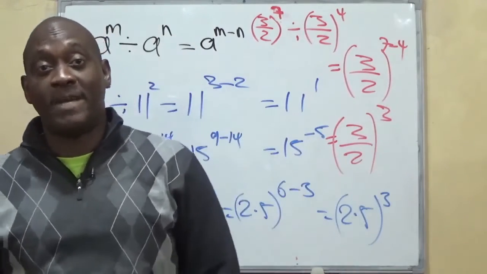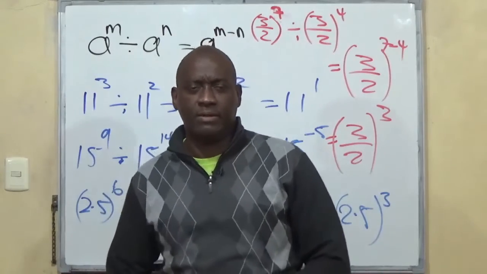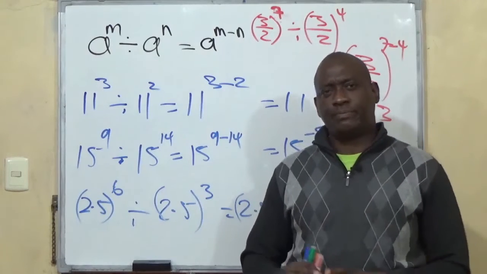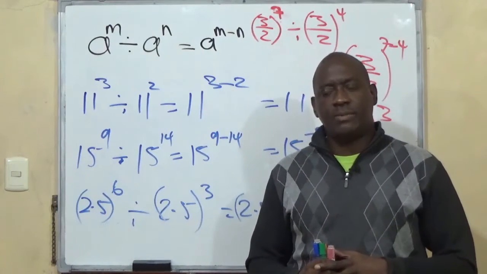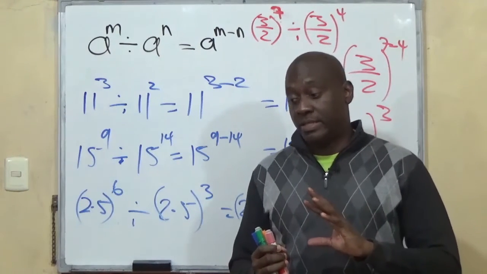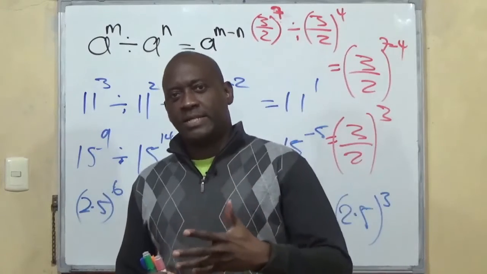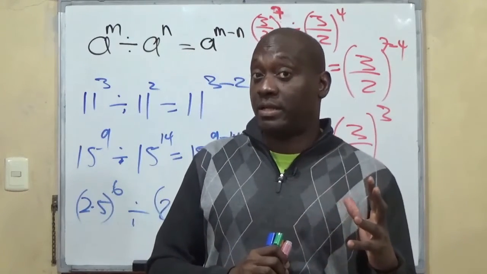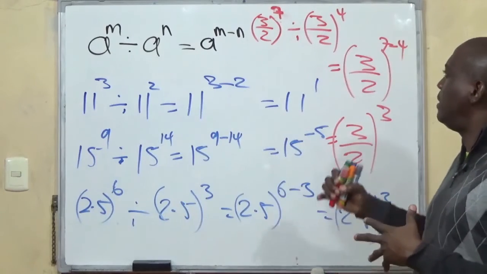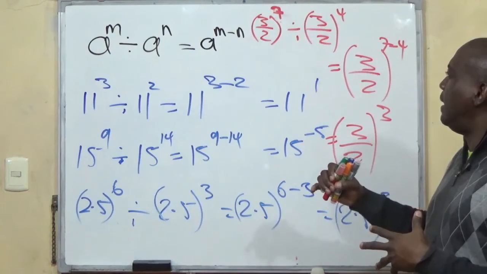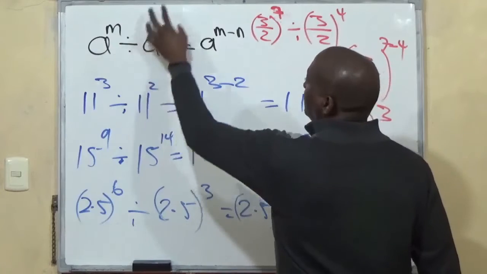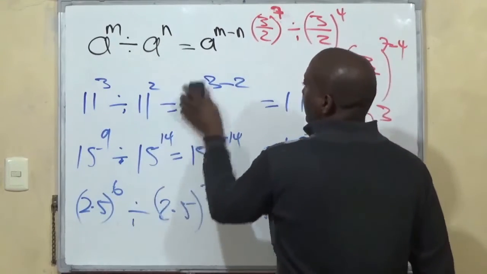And just as was the case where we had the multiplication, we could take a similar approach where we compare what happens with the multiplication and what happens with the division. So just as we did when we had a to the power of m multiplied by a to the power of n, it's the same thing we're doing here, right?